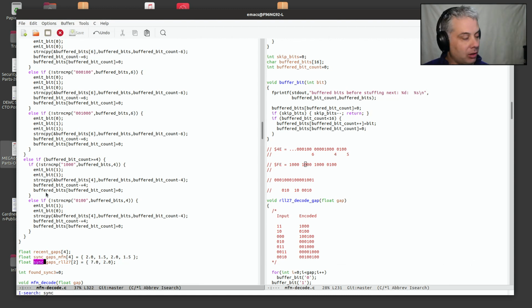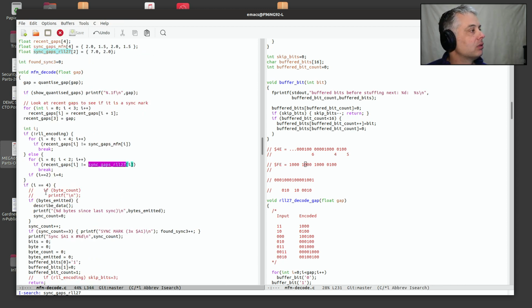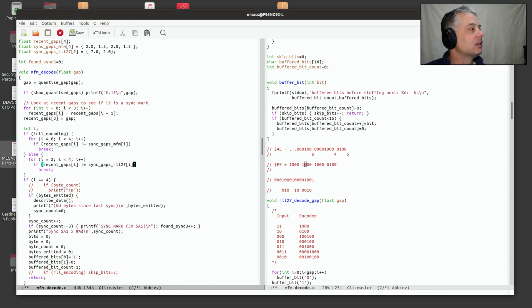Right. Sync gaps RLL 27. So if they match, then we break. Right, okay. Yes, because we've already chewed up 2. So we actually have to check the last 2 gaps that have come in.